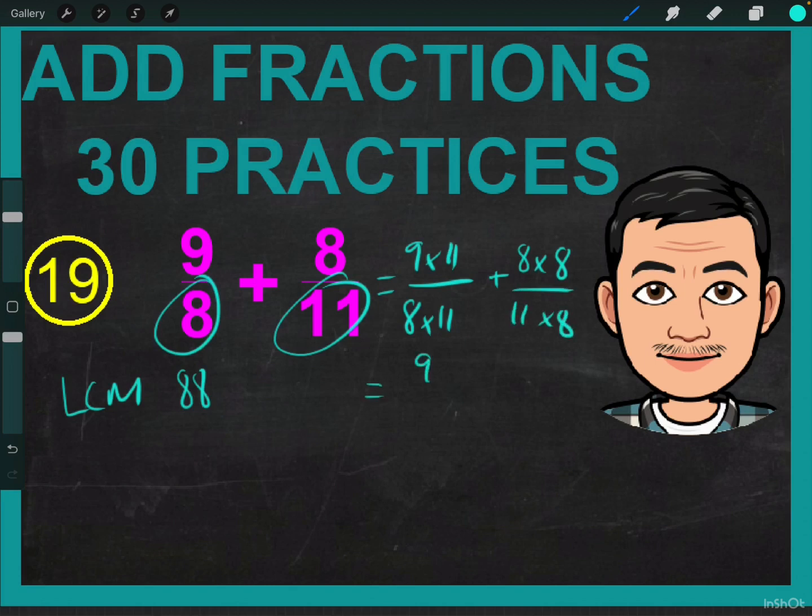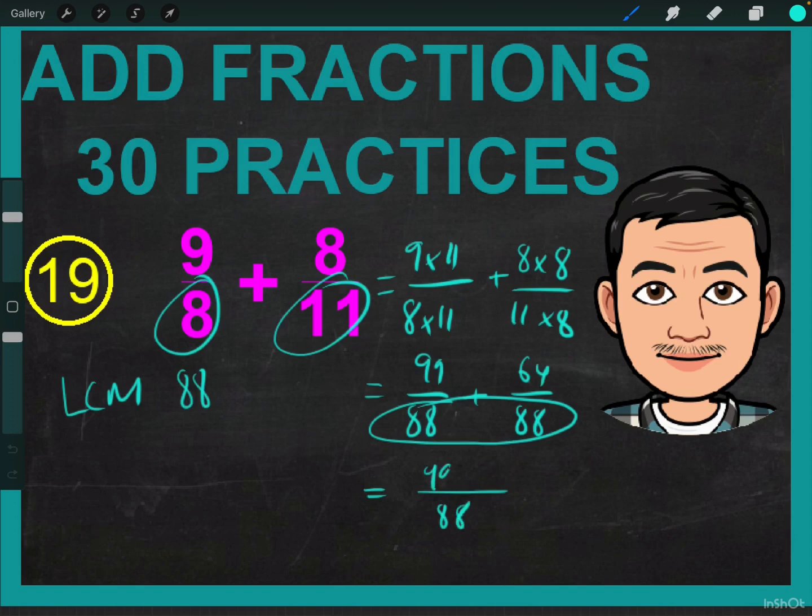So we got 99 over 88 add 64 over 88. They have the same denominator now, so we will add 99 and 64, and we got 163 over 88 as the answer.